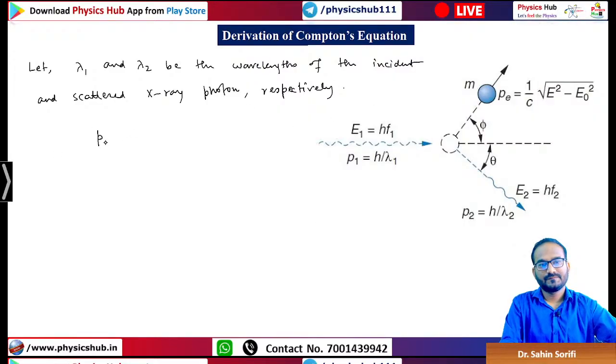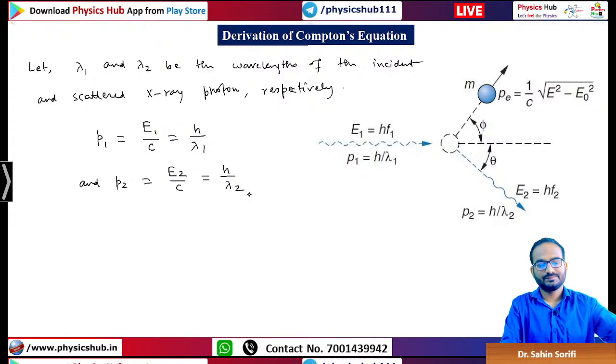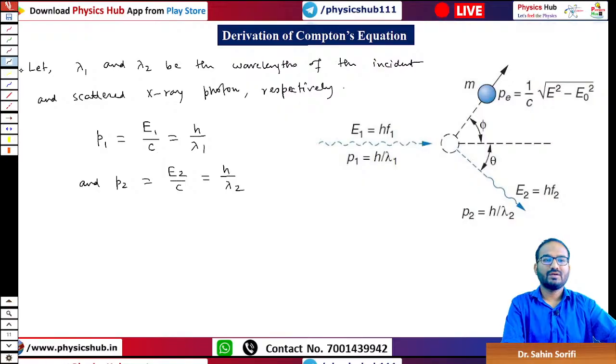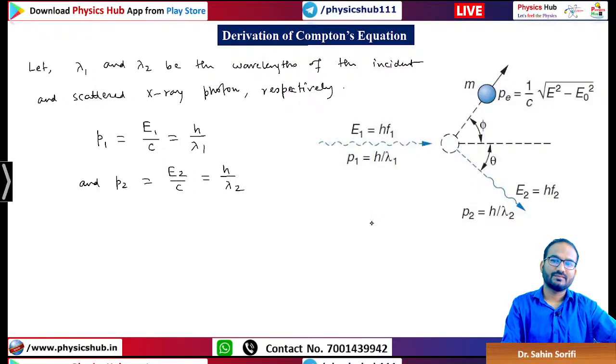What is p? For a photon, energy is given by E equals pc. So p equals E by c. So p1 is E1 by c, that is h by lambda 1. And p2 is E2 by c, that is h by lambda 2. Now we have to apply conservation of energy and momentum.